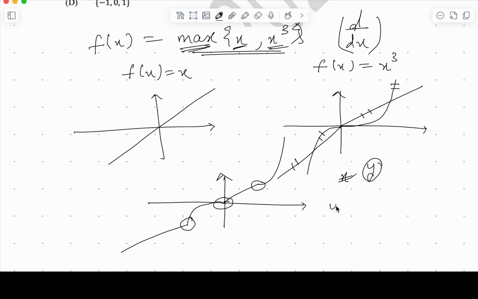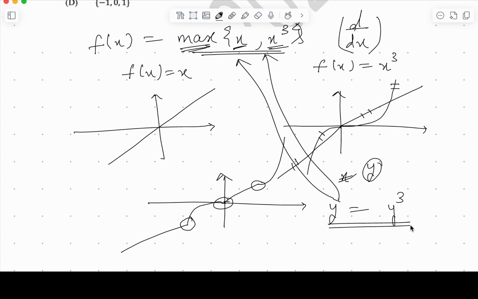With that we take y and feed it into x, so we have y only. Then take y and feed it into x cube, and we have y cube, and equate both of these. The solution to this equation would give the points at which the curves meet, because whenever x cube is equal to x, that is by definition the point at which both of these curves meet.